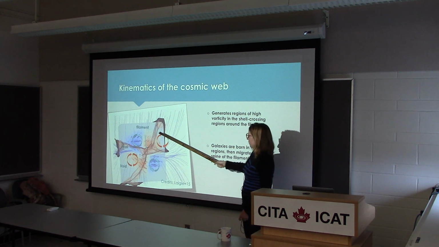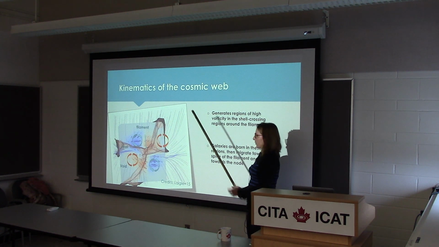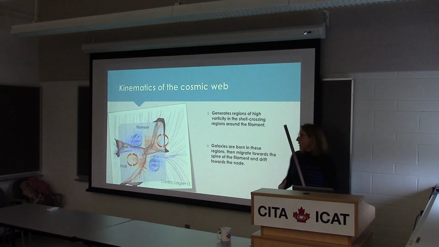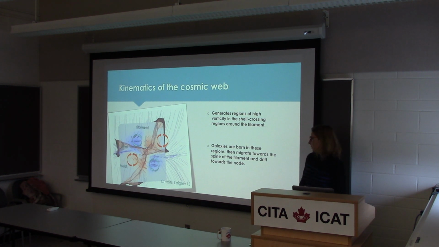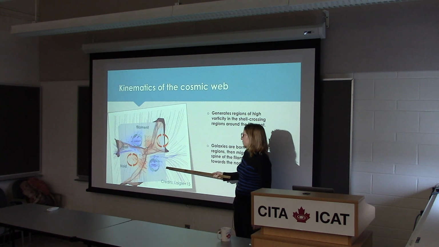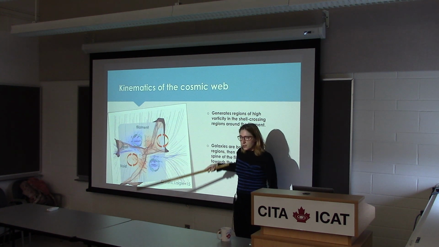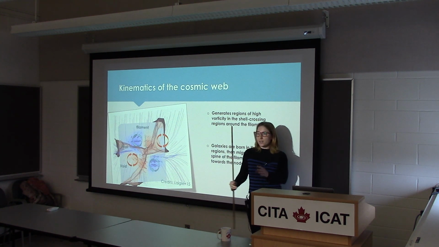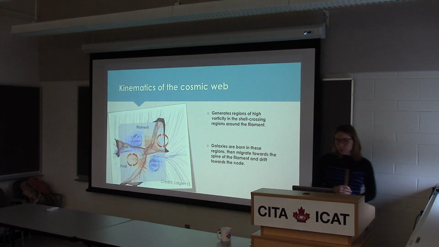You have those high vorticity quadrants right around the filament, and those happen to be the areas where most of the galaxies are born. Then, after being born in these regions, they will progressively migrate toward walls and filaments, and then migrate along the filament towards the nodes.